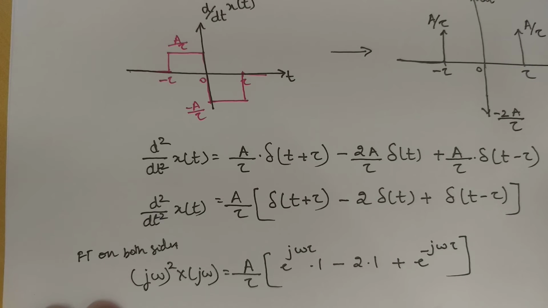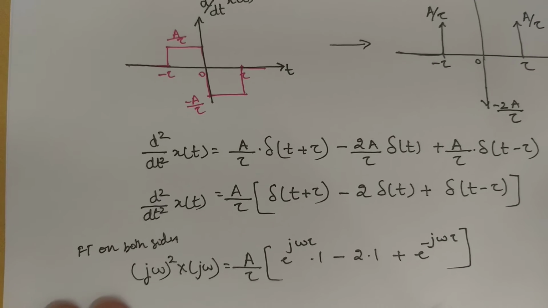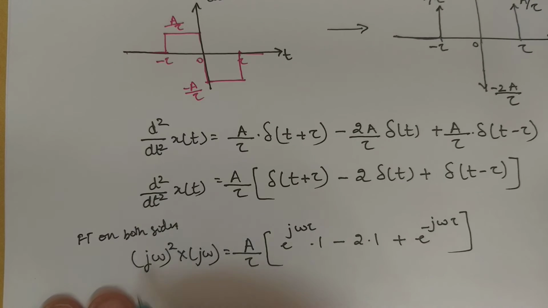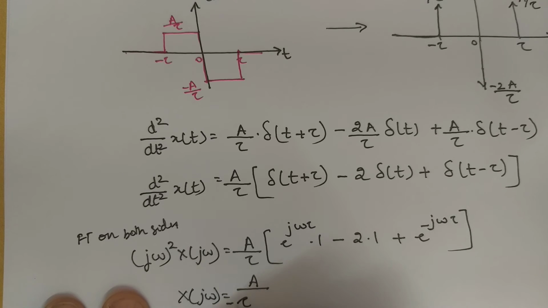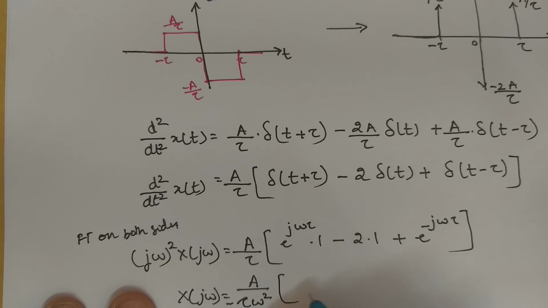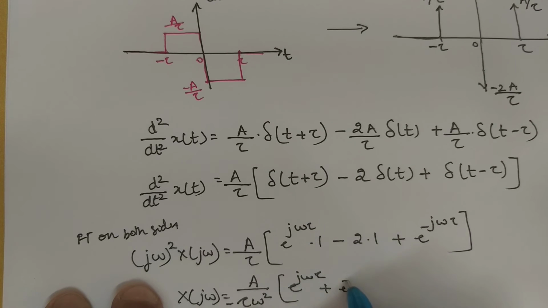So we have to modify this particular expression. j square will be minus 1, so this will be x of j omega equal to a divided by tau minus tau omega square, and this will be e to the power of j omega tau plus e to the power of minus j omega tau minus 2.